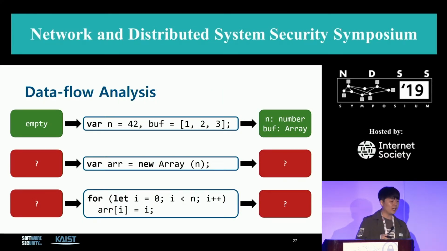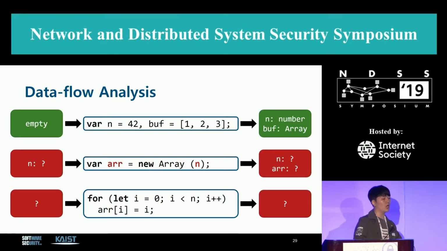First, by classic data flow analysis, the analyzer module easily gets required and available variables of code bricks. In the second code brick, a variable n is required because it is used as an argument of the array constructor. After executing the second code brick, variable arr is defined and variable n is still available.